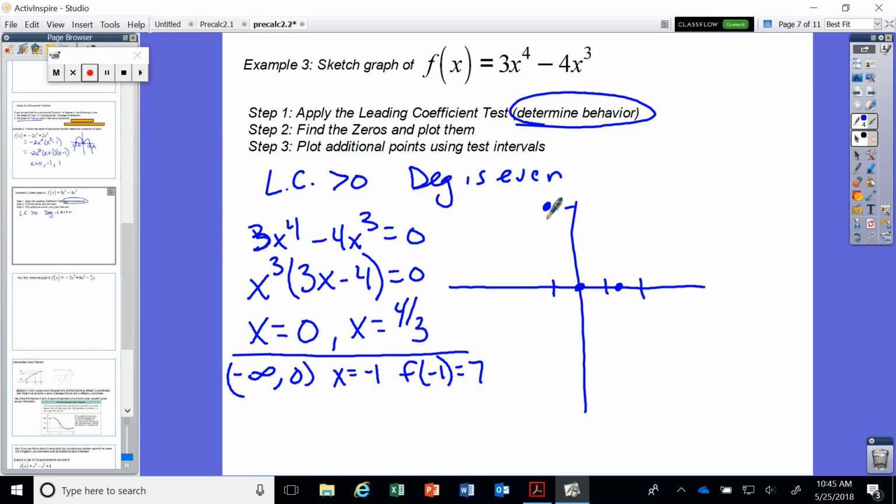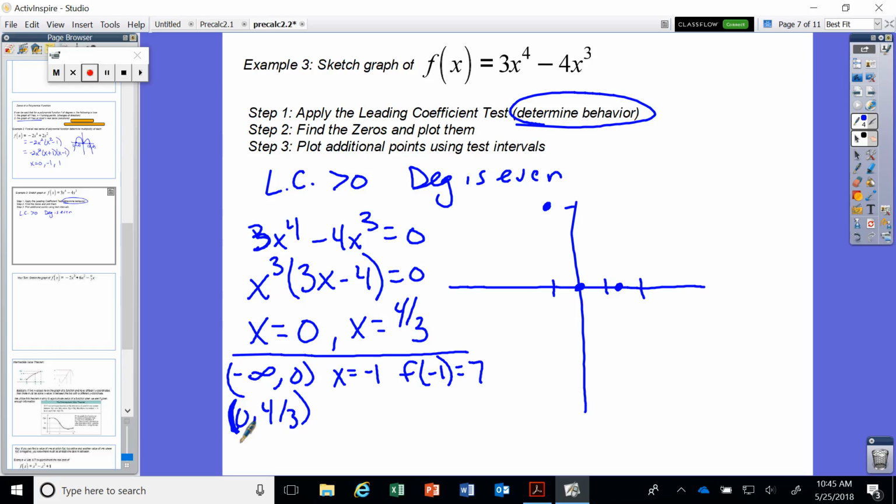Well, what about something happening in between 0 and 4/3? It's kind of up to you what you want to use, but what I always try to say is just choose some numbers that make your life a little bit easier, if at all possible.